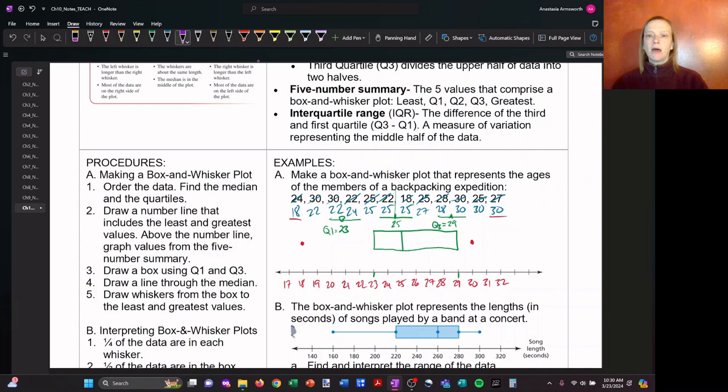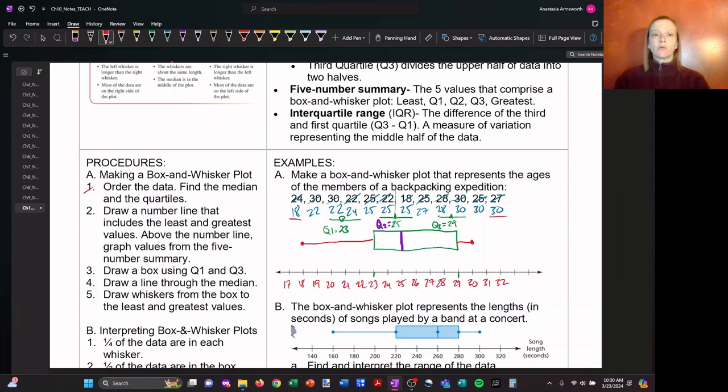And then my Q2 value, or my median, is the line in the middle of the box. I have a box now, but it's not a box and whisker plot until I attach the whiskers on to either side. And this now is the box and whisker plot that represents this set of data.